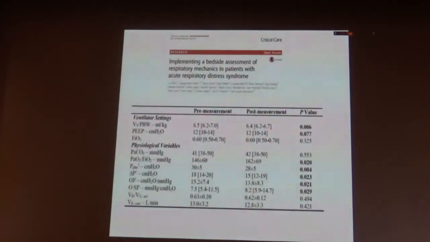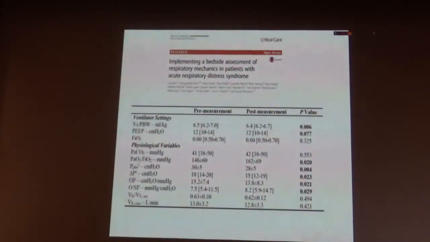And when we look at the global population, and this table may be a bit hard to see, we were very interested to see that on average we were able to significantly improve oxygenation. You could say, okay, that's not a big deal, it's easy to improve oxygenation, but at the expense of higher airway pressure. You see that the driving pressure went down from 18 on average to 15. And the oxygenation index increased, and what we call the oxygenation stretch index, where we replaced the mean airway pressure by the driving pressure, was significantly improved.